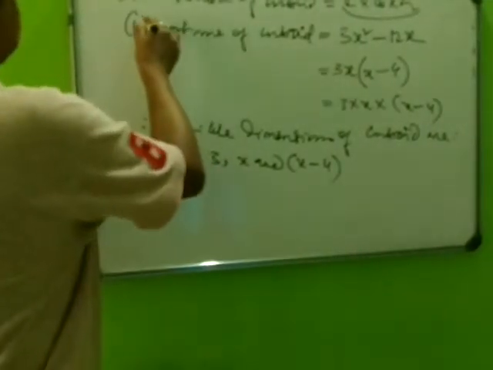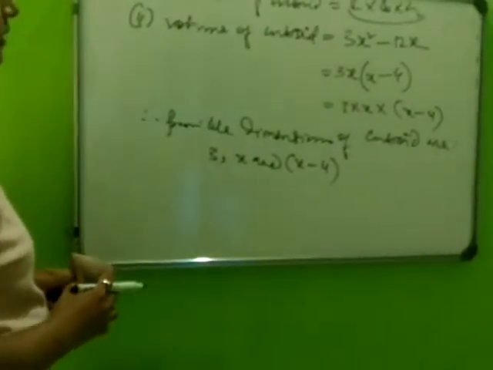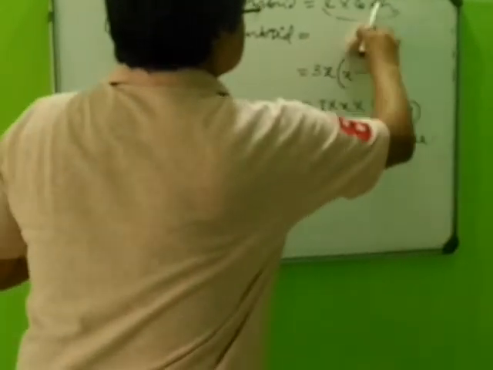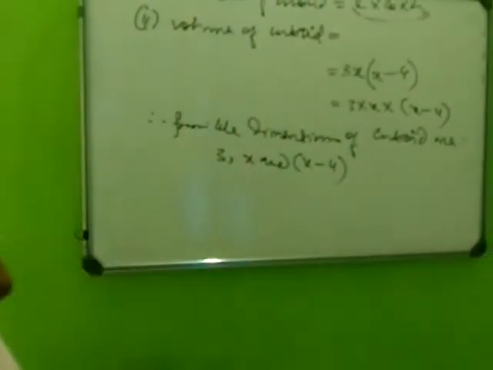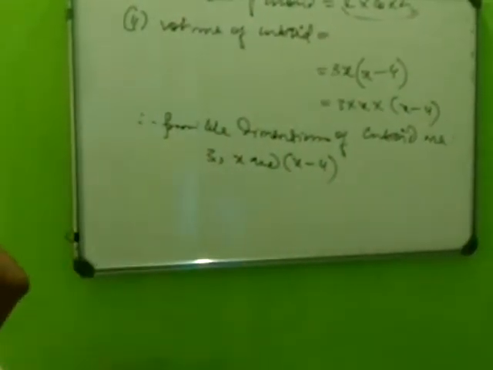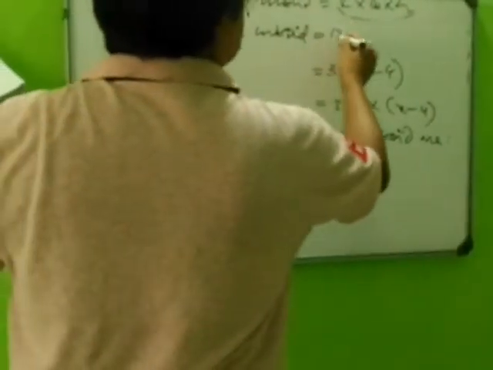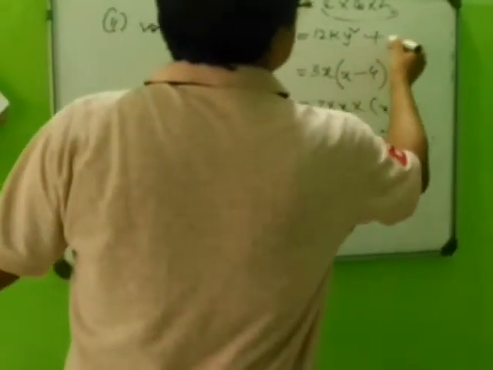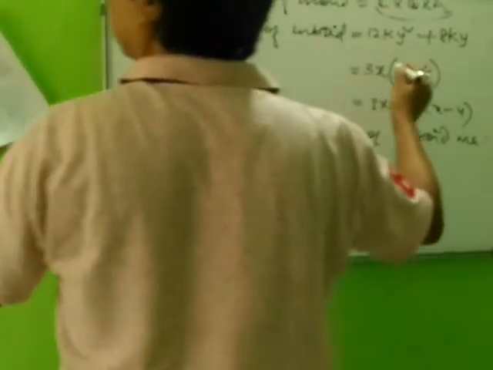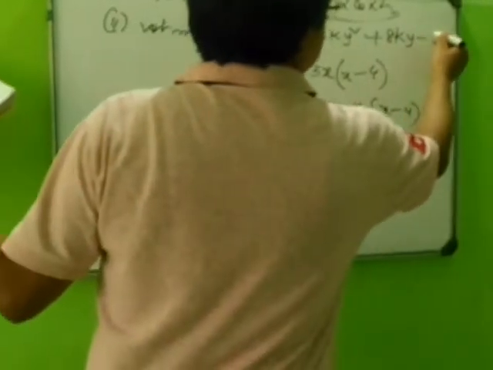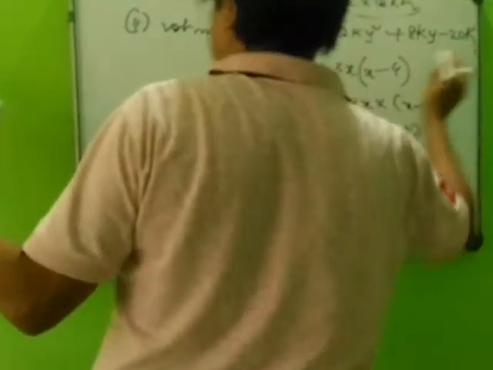Let us take the second one. It is 12ky square plus 8ky minus 20k.